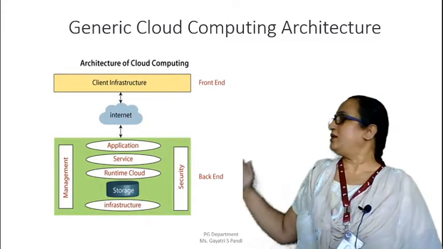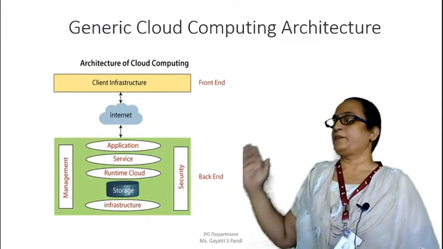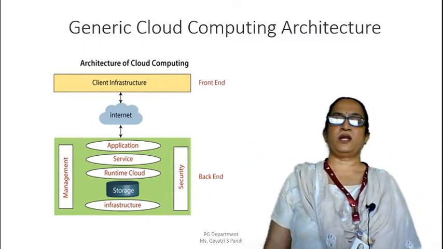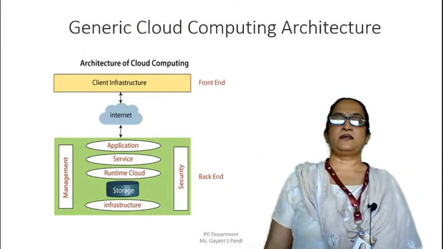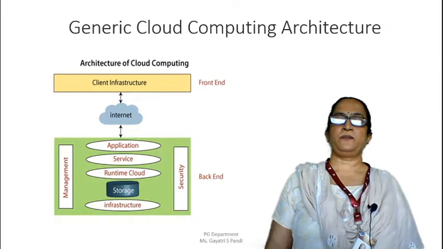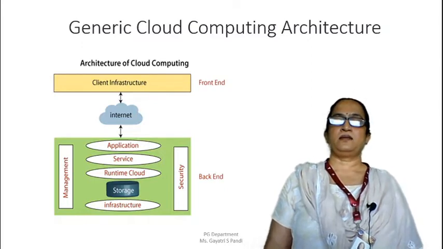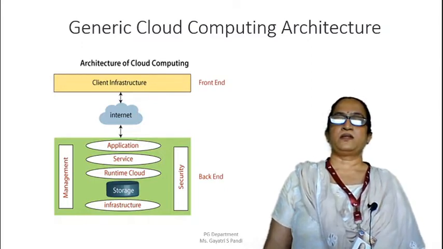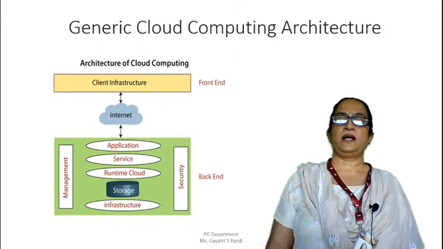As you can see in the figure, this is a very generic architecture of the cloud. It has a front end that is termed the client infrastructure, and a back end that is the server side of the cloud, and both are connected to the internet.